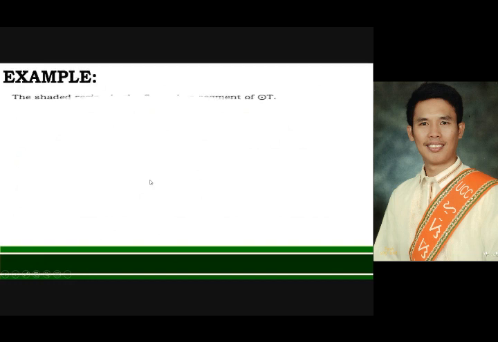For example, let us try to find the shaded region of circle T. The shaded region here is bounded by arc PQ and chord PQ.